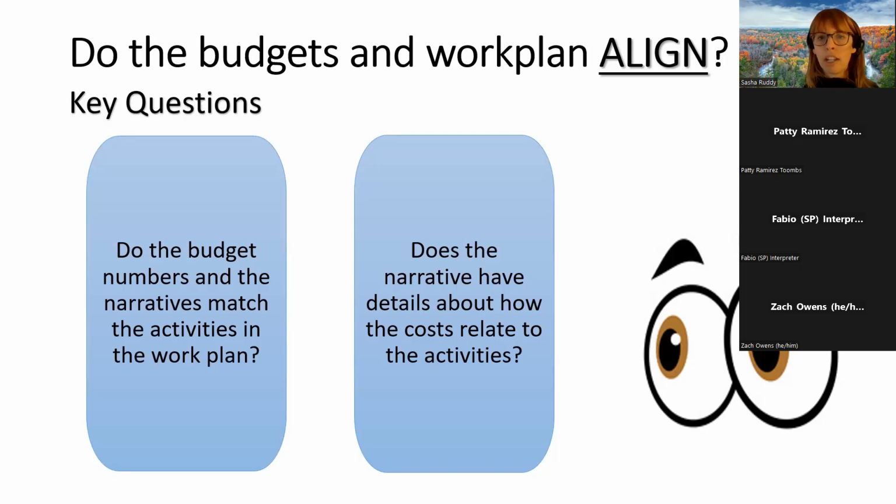And does the narrative have details about how the costs relate to the activities? We really need your work plan and budget to talk to each other. They should be saying the same thing. The story that you're telling in one needs to match the story that you're telling in the other. So that's what I mean by, do they align?